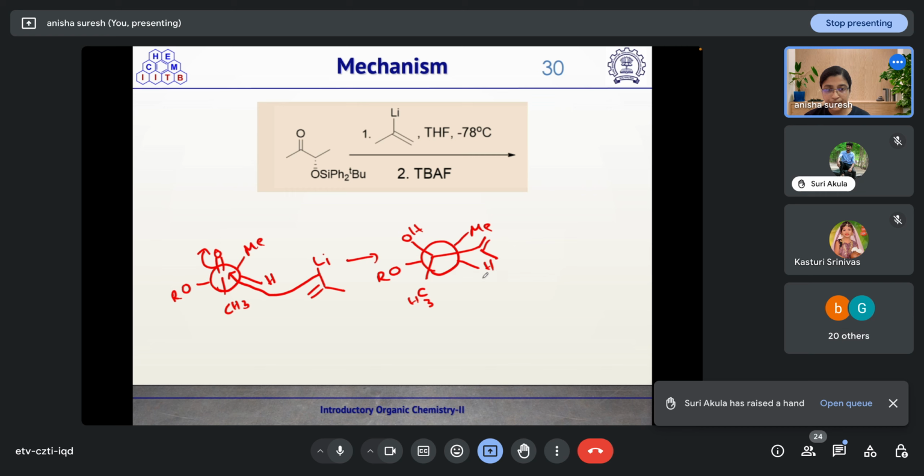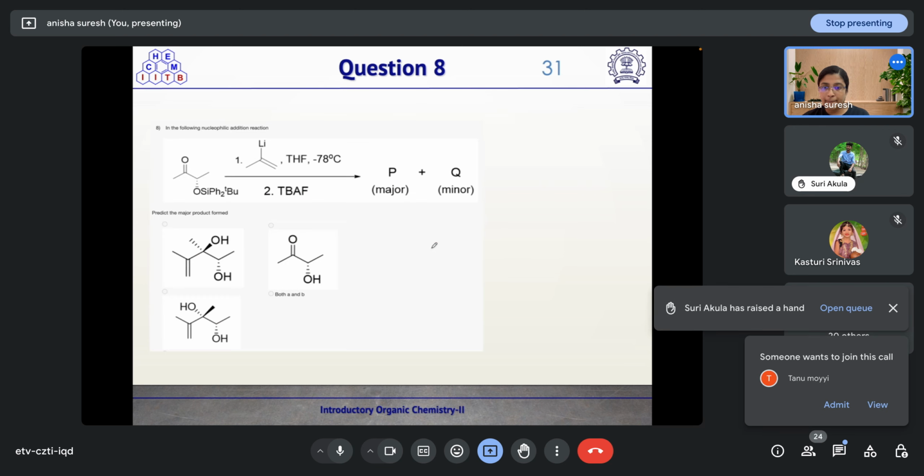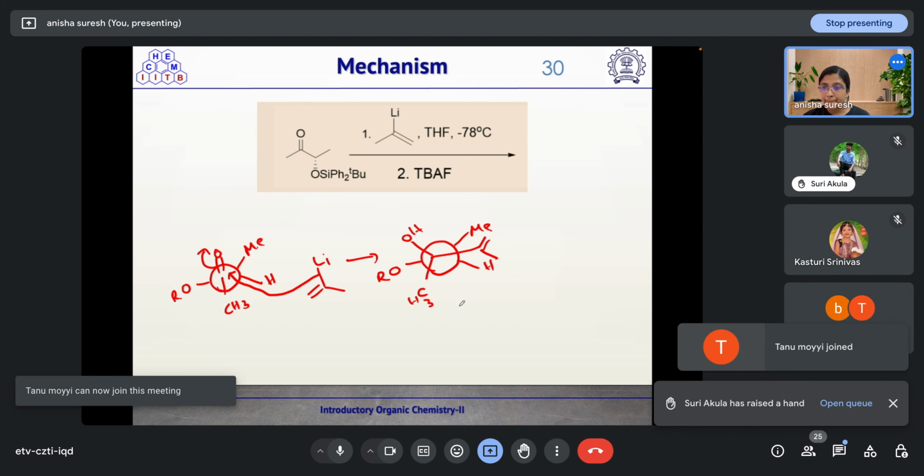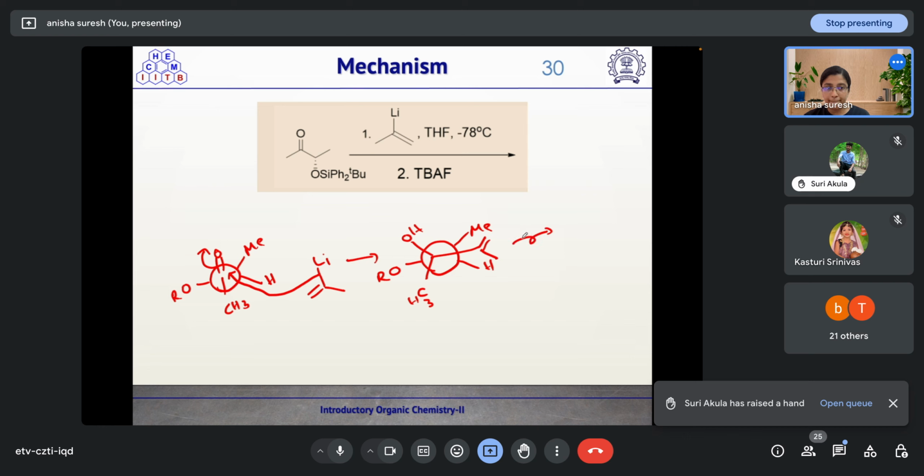Now these two methyl groups. Okay, this group and this methyl group we will bring in plane. So we rotate it. One of the carbons we have to rotate.